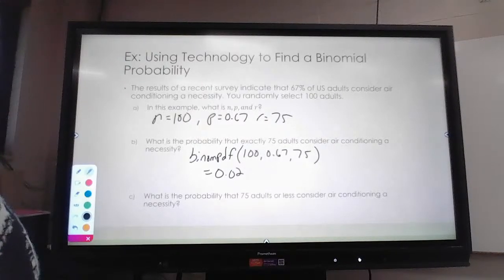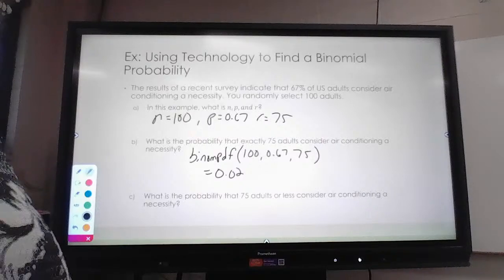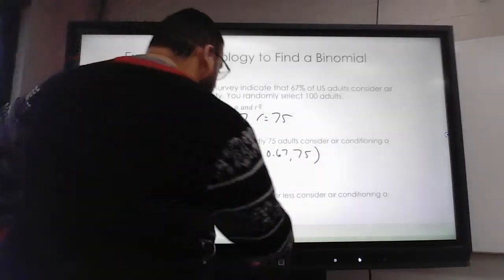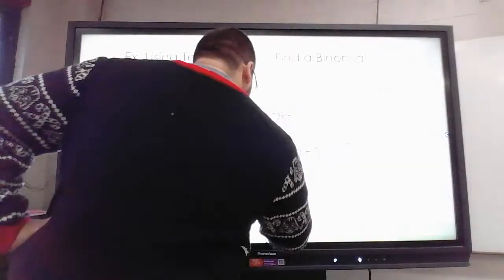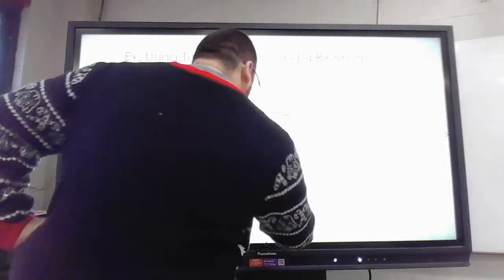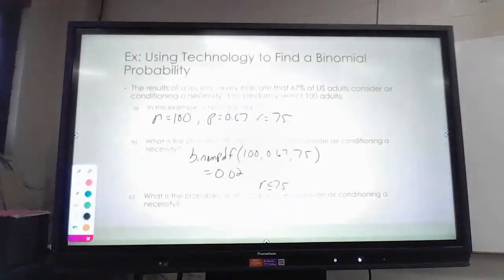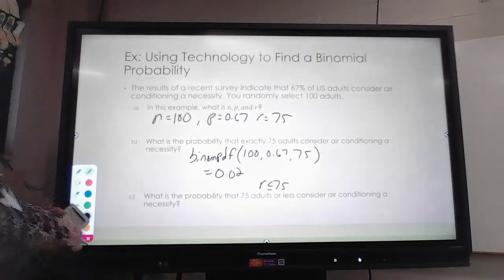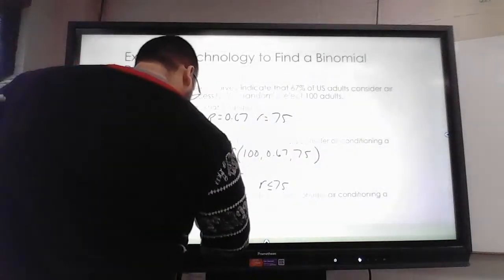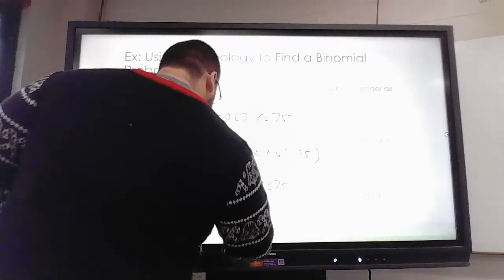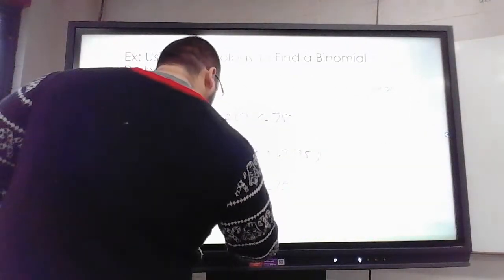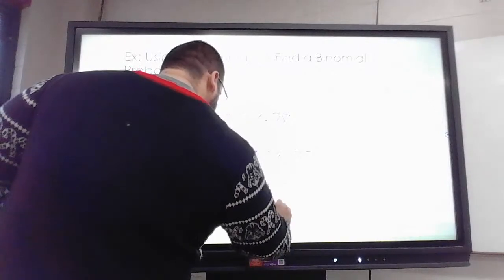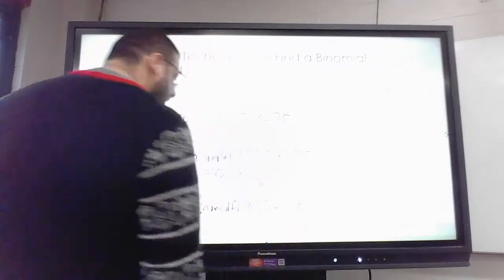Now, what is the probability that 75 adults or less consider air conditioning a necessity? So this is 75 or less. Instead of R equals 75, this is R is less than or equal to 75. This time it's a binomial CDF calculation. So binomial CDF, 100, comma, 0.67, comma, 75.